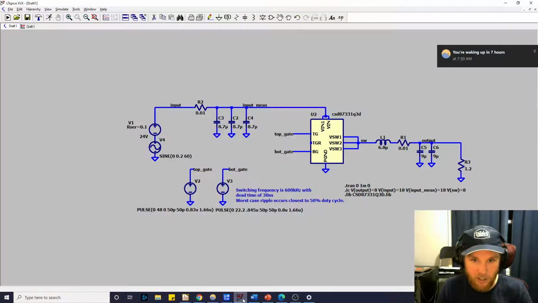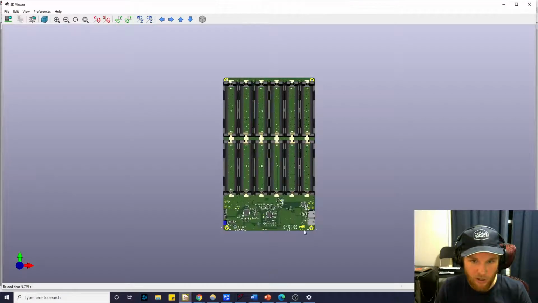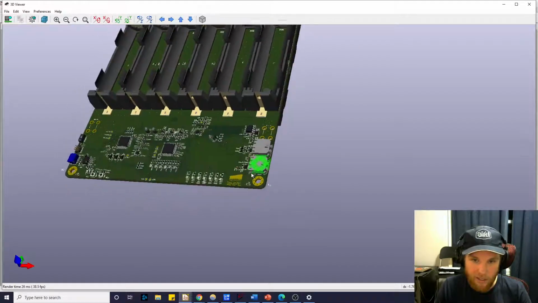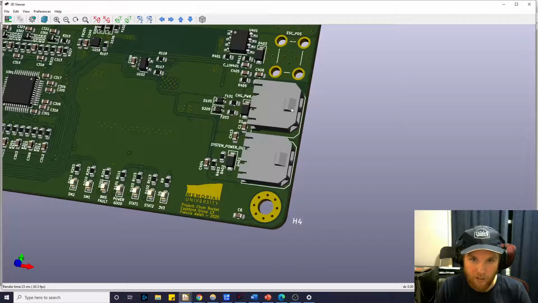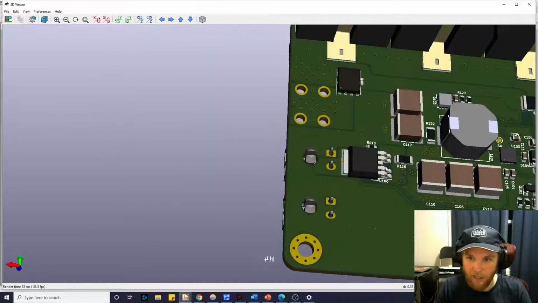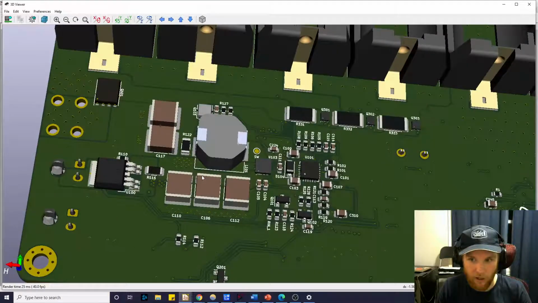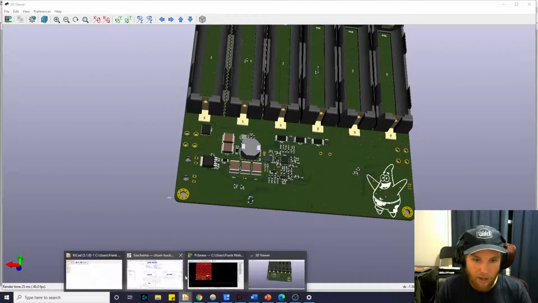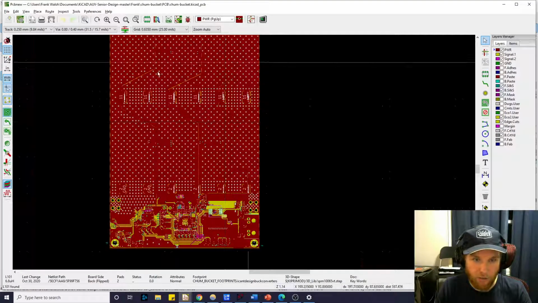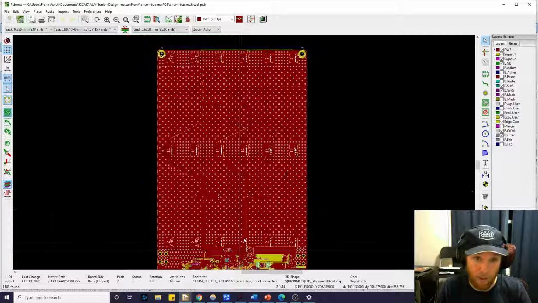So now I'm just going to, so there's the simulation, but I also just want to show you, this is the total system. So this is a render of the total system. So as you can see, the charge connector is this one here. And then I flip it around, and then that's the charger there. And then I also included the Gerbers, which is the manufacturing files for the PCB, for the total PCB.